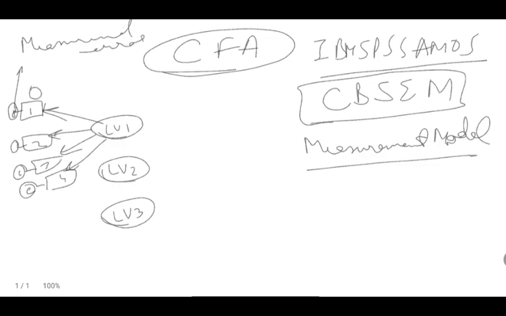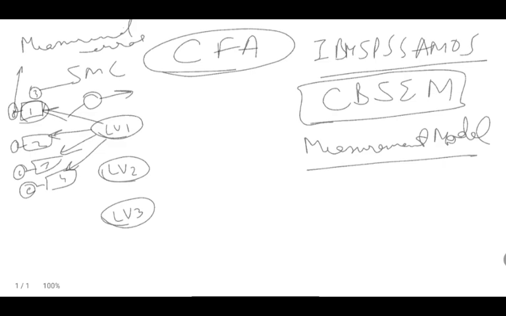There is one number which comes on top of this. This is the squared multiple correlation, and there is one number over here which is the standardized regression weight, or you can check the unstandardized regression weight as well. Unstandardized is represented in the units of measurement of your original items, and standardized is measured between 0 to 1.